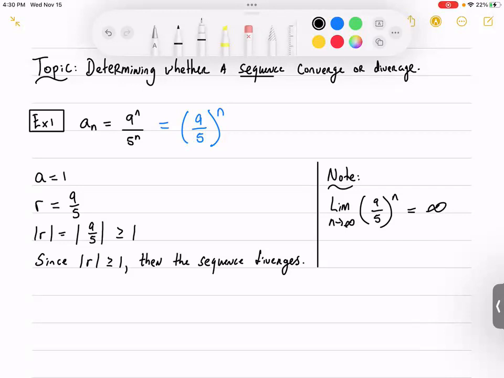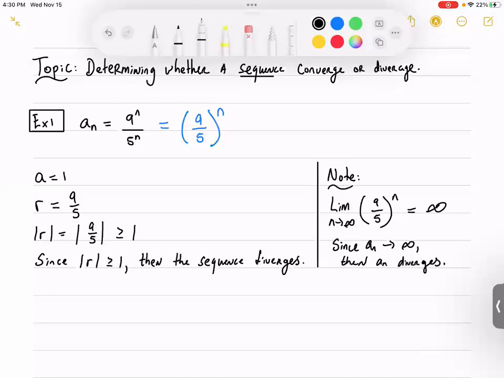It's not a finite, single real number. So this limit essentially diverges, right? So since a_n, the sequence, will approach infinity, then a_n diverges. Your sequence will only converge if it's approaching a single real number, okay? So that's my first example.